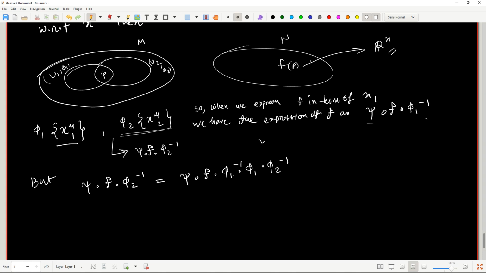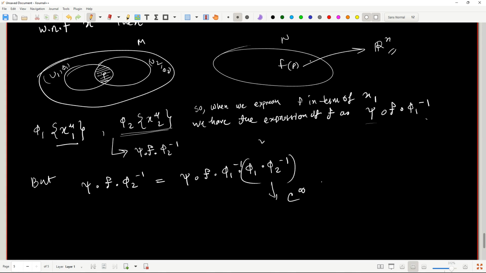So I used the fact that phi 1 inverse and phi 1, when composed with each other, give me the identity map. These maps can be popped in between, and we note that phi 1 composed with phi 2 inverse is nothing but the transition function between these overlapping regions. And this is by definition smooth.